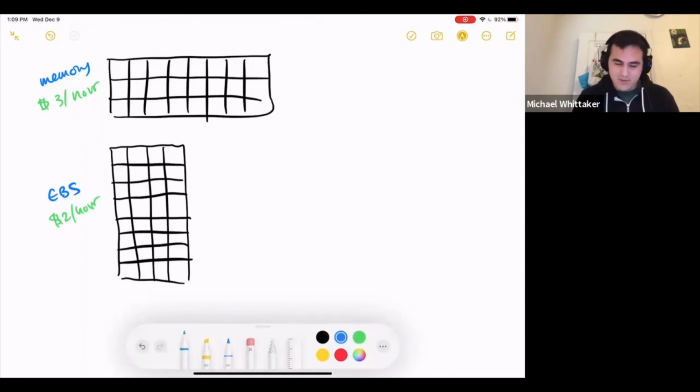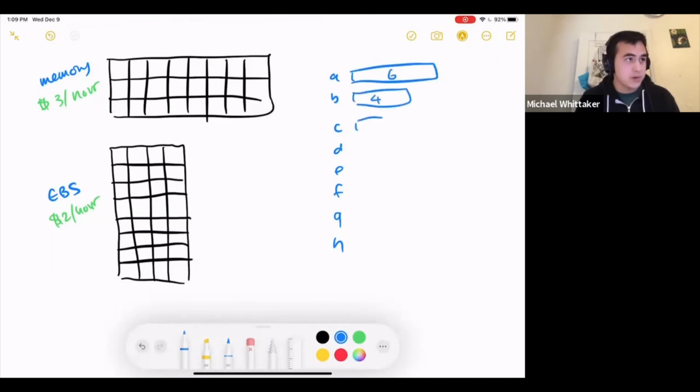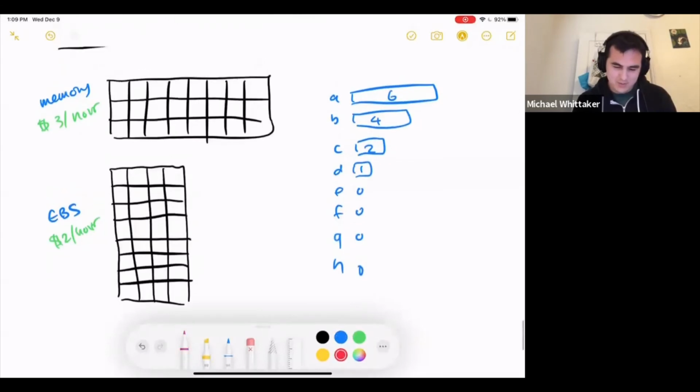Let's say I have the following load. I have keys A, B, C, D, E, F, G, H. I have a load of 6 on A, 4 on B, 2 on C, 1 on E, and none at the moment for F, G, or H. My question to you is, what is the cheapest way to fit this load?